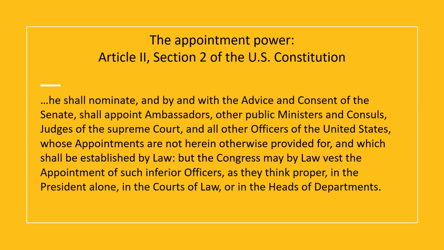So that means that the President can nominate people to hold public office even if those specific positions are not listed in Article 2. And this is solely the discretion of the U.S. Senate as to whether or not those individuals are confirmed.